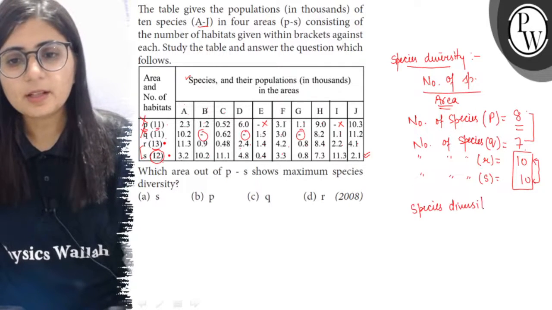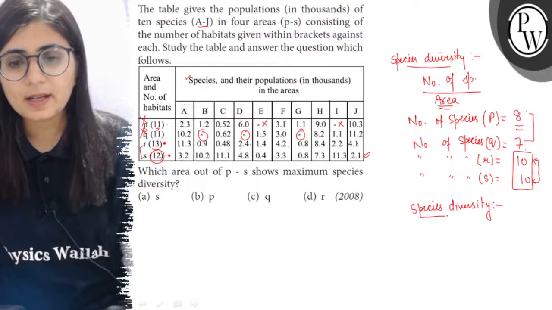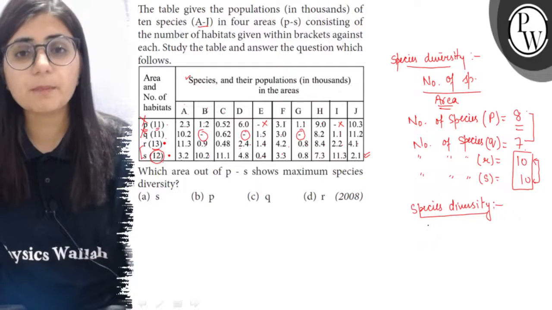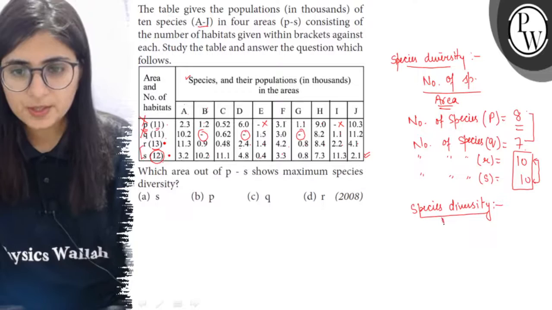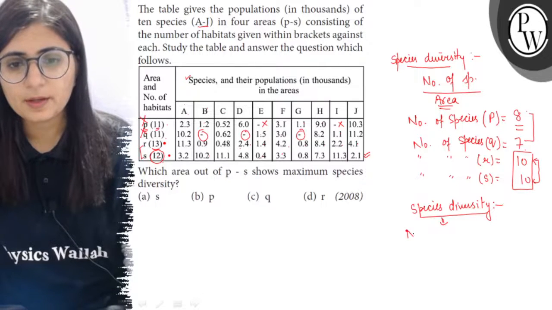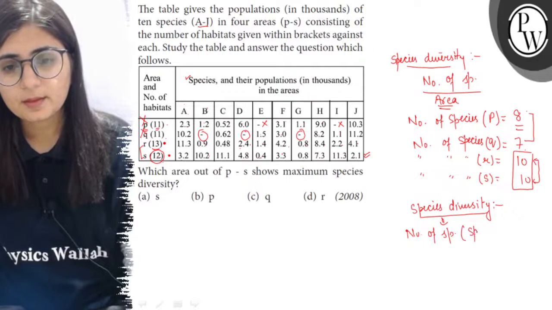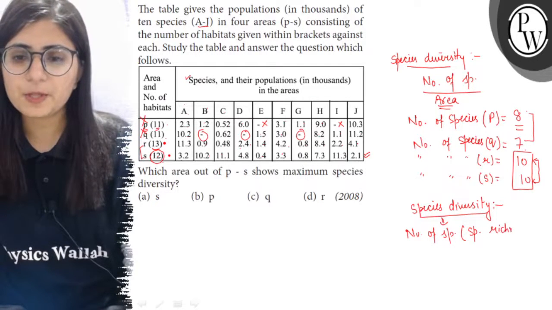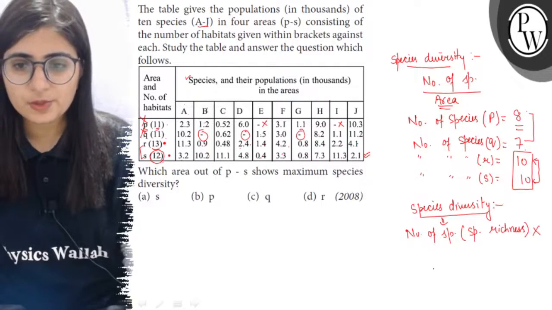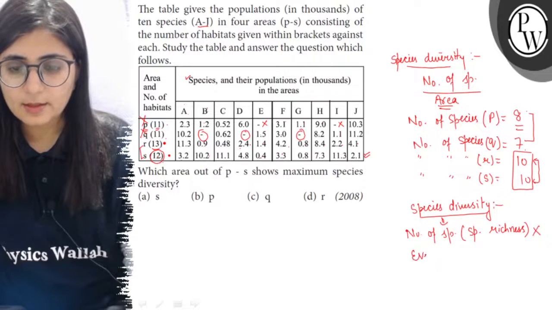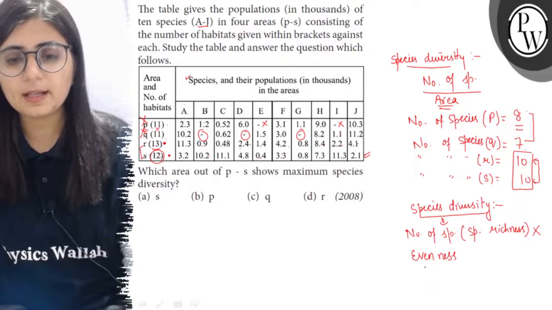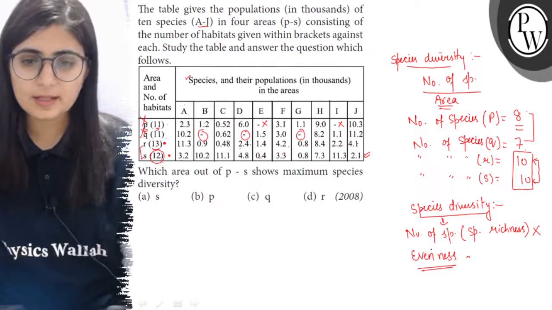And also species diversity is measured in terms of evenness, means the relative abundance of the number of members of each species. So species diversity is a product of the number of species, or species richness, means the number of species present in an area, and also the relative evenness, means the relative number of various species.